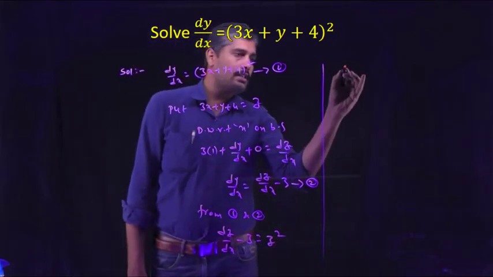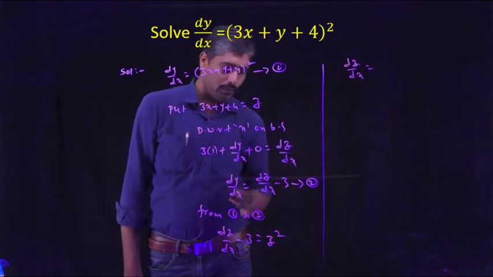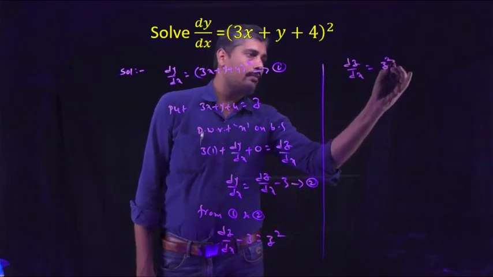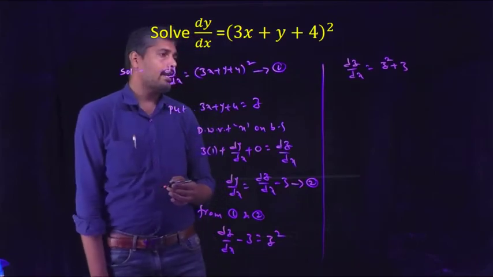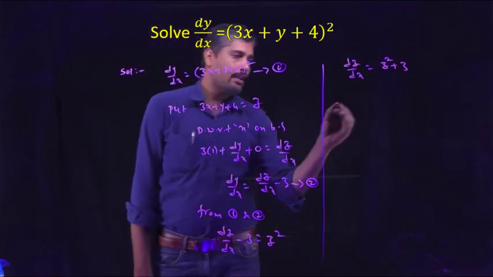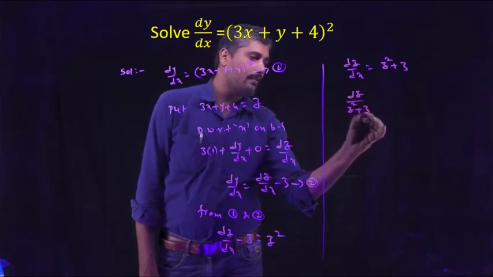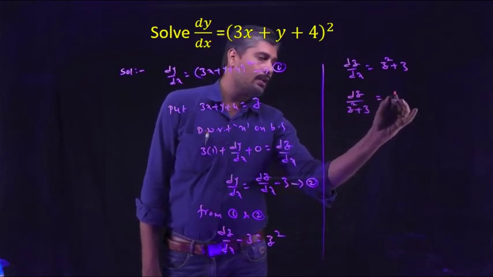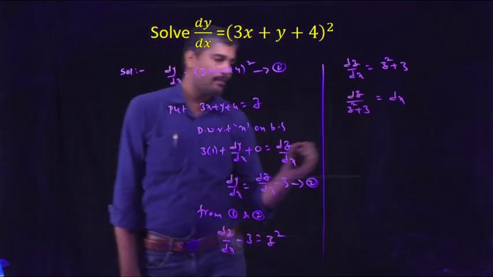That is dz by dx equal to z square plus 3. Then separating z terms and x terms, that is dz by (z square plus 3) equal to dx. Clearly, this is a variable separable method.